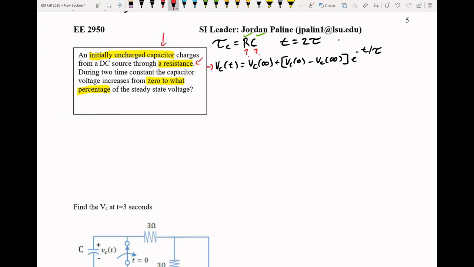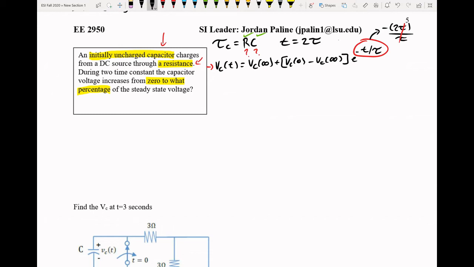But due to this part of the equation, since we know that time is equal to 2 tau, you can replace it with negative 2 tau over tau, and then you effectively cancel out the taus. So you don't even really need to know the resistance or the capacitance. You just need to know it's there.